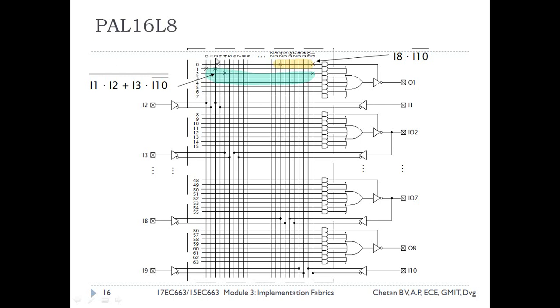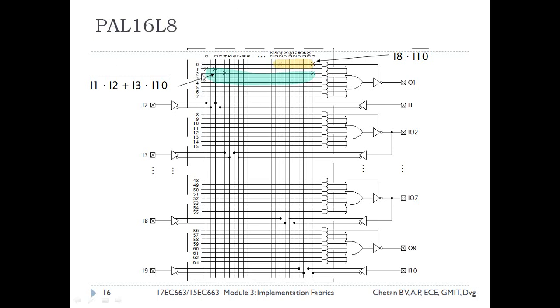Similarly, lines 2 and 3 are I1 and I1 bar respectively. Similarly, the remaining vertical lines are connected to either literals or the complement of literals. As there are 32 vertical lines, we can have 16 literals and 16 complements of literals.